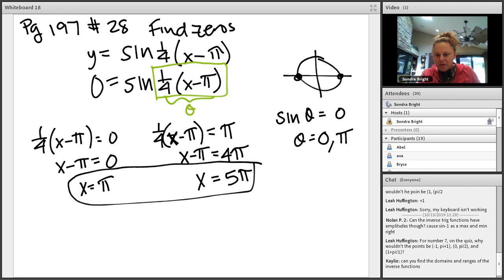Number 7 on the quiz. Why wouldn't the point be 1 comma pi over 2? Keyboard's not working. Are we talking about number 7 on the quiz? I don't think it's supposed to be number 7.